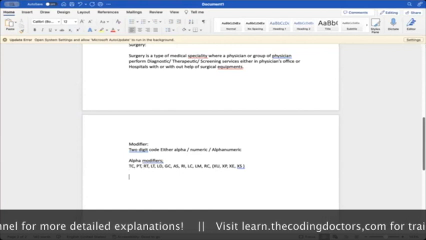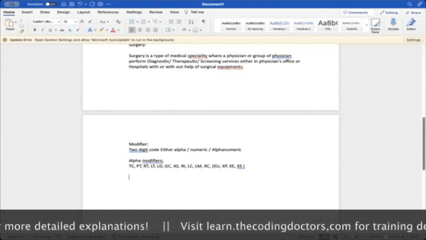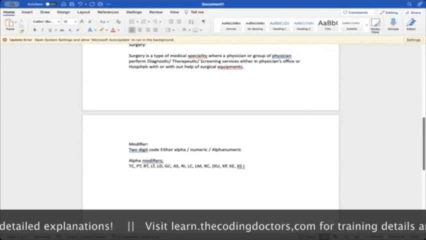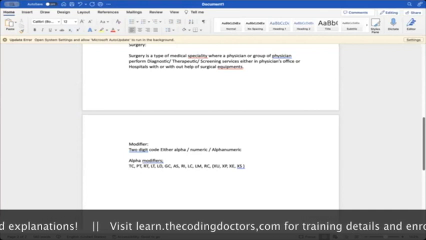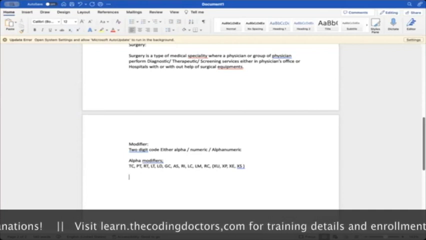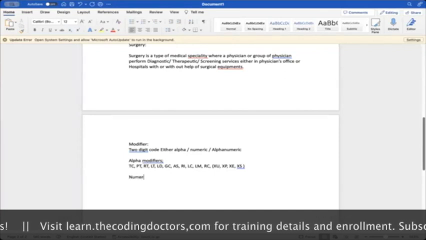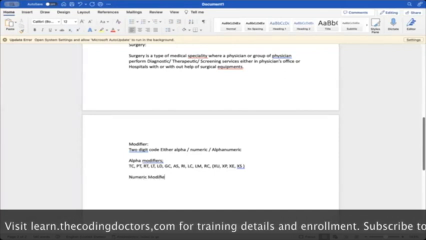Individually, I will explain in further sessions. This is just an intro to understand the overview of surgery and its concepts. So after alpha modifiers, we can go to numeric modifiers. What are the numeric modifiers, guys?